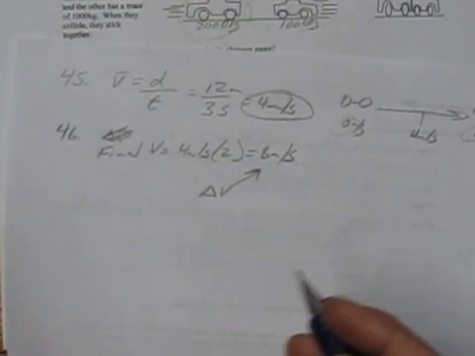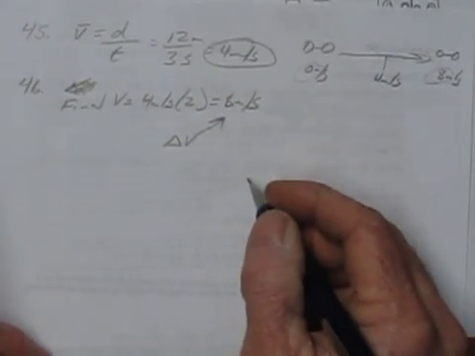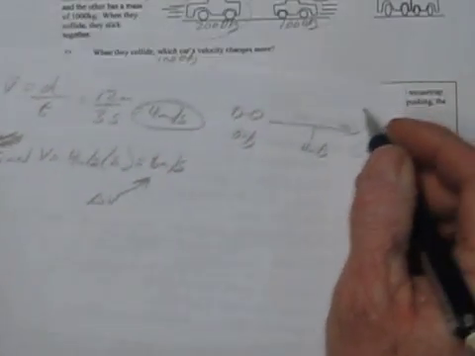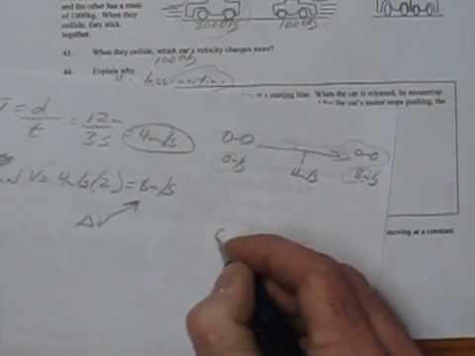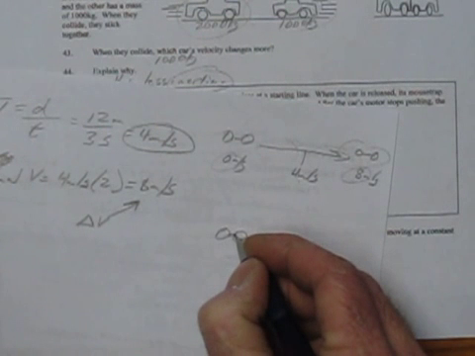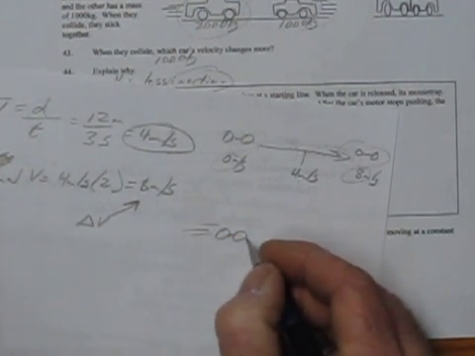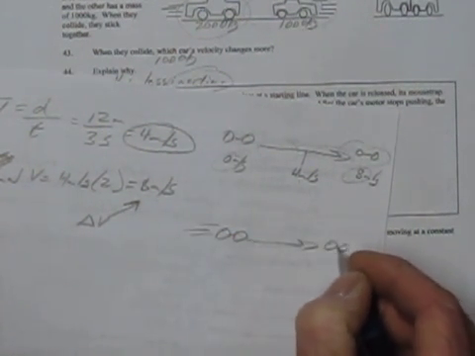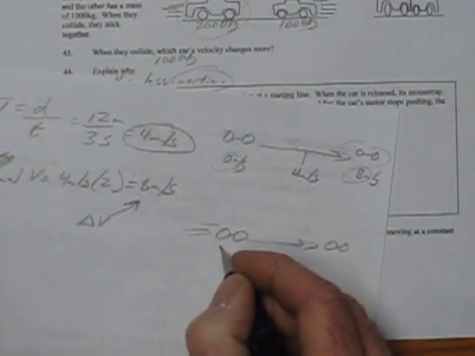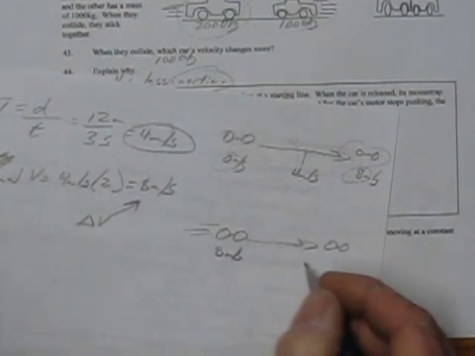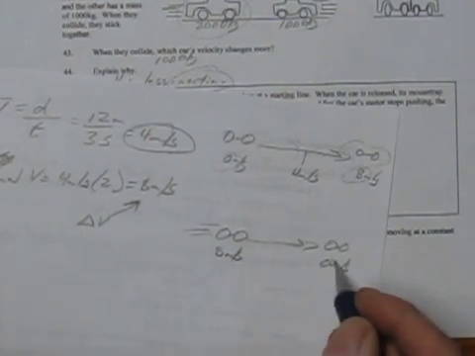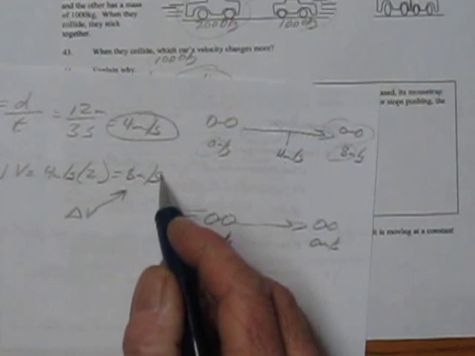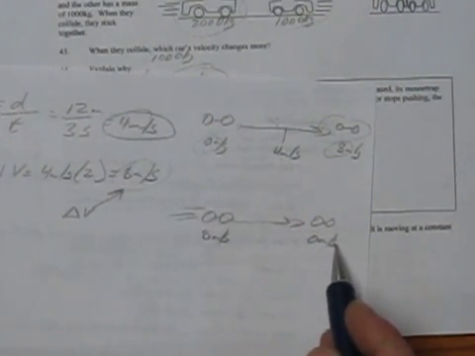Now I'm jumping ahead here, but as the car starts to slow down at this point, it's moving pretty fast here. It's going to go from going really fast down to the end point where it's going to stop. So it's going to have a velocity of 8 meters per second, and then at the end it's going to go back to 0 again. And the change in velocity at the end is going to be 8 meters per second again, except it's going to be negative.